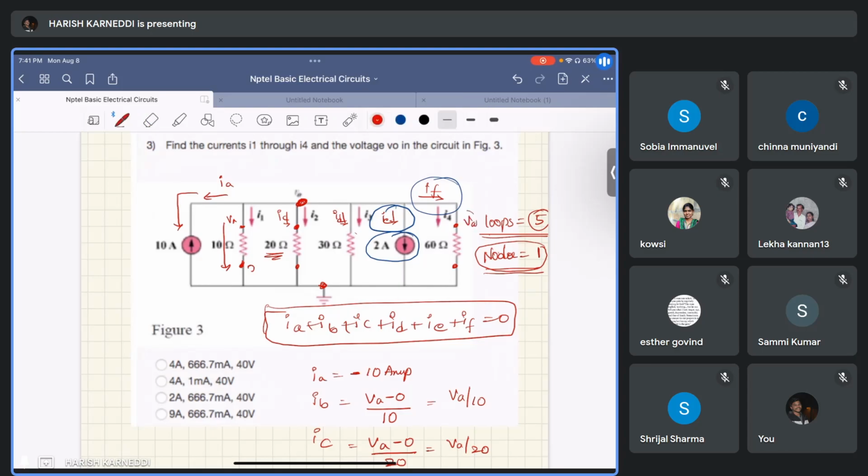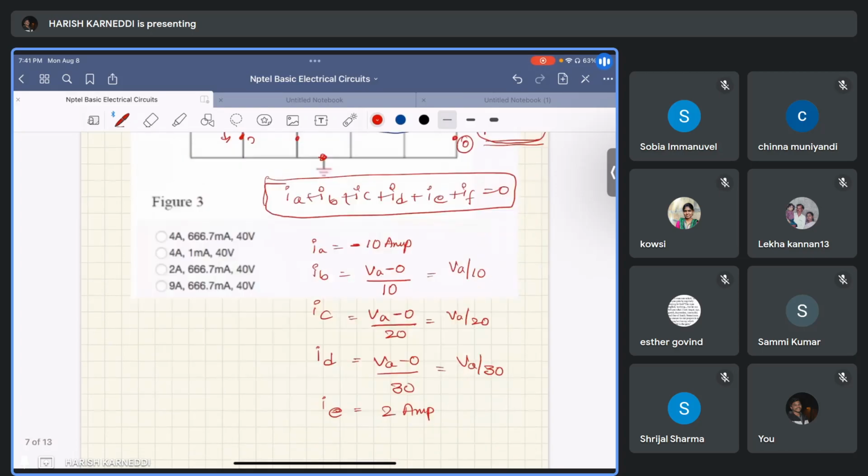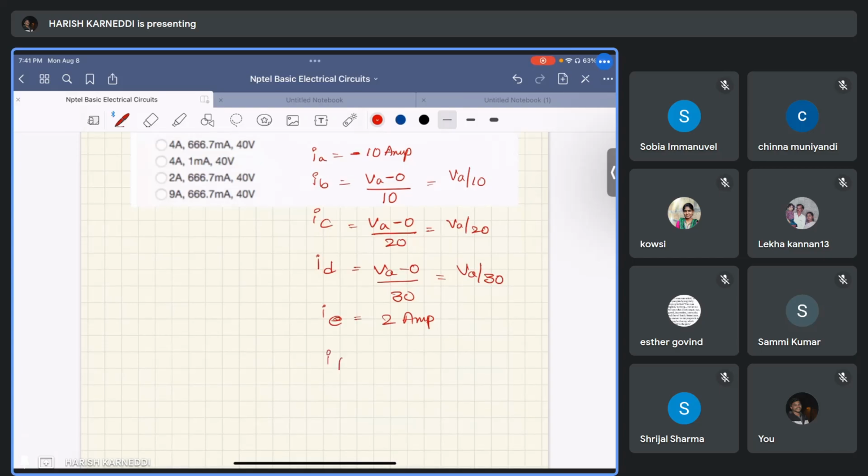This is the VA point and this is the reference point, 0. So IF is VA minus 0 by 60 ohm, that is VA by 60 ohm. We can write it like this now.